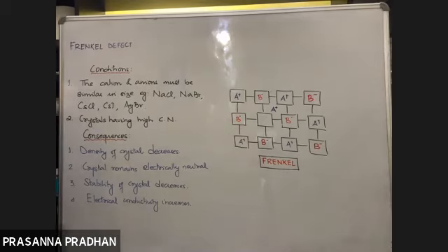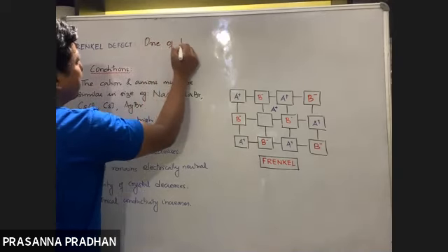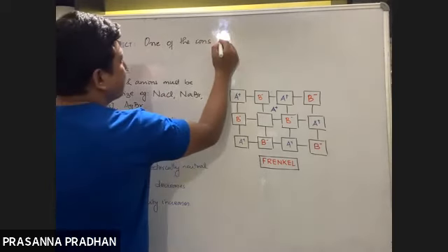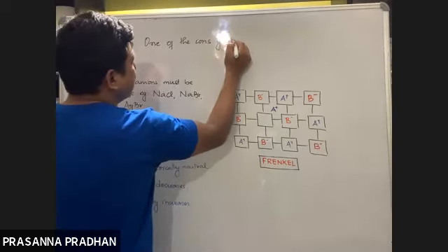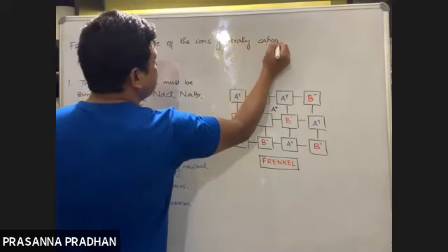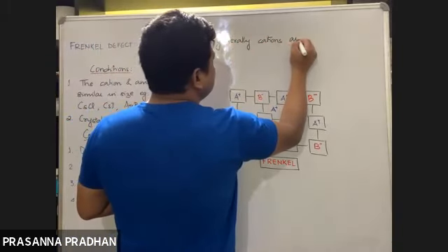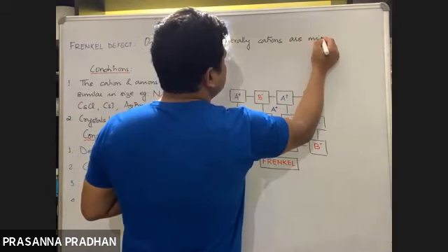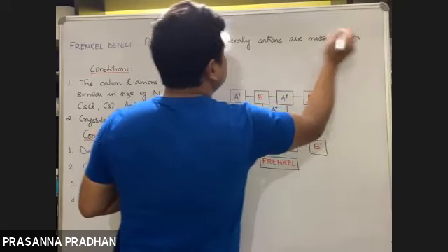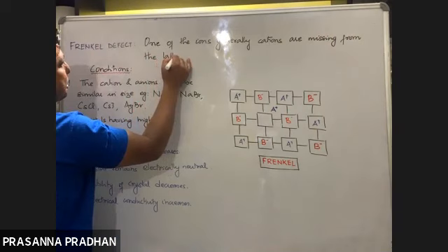So one of the ions, which ion? Generally cations, are missing from the lattice points.